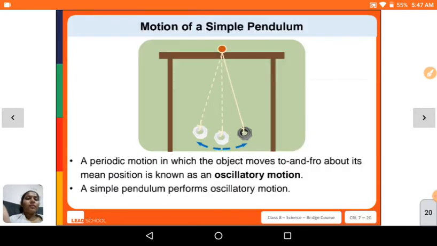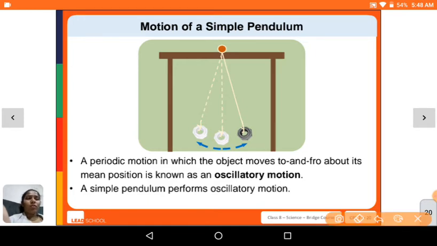right? Now, a periodic motion in which the objects move to and fro about its mean position is an oscillatory motion. Now, a simple pendulum performs oscillatory motion. So, what motion does a simple pendulum perform? A motion in which the objects move to and fro about its mean position.